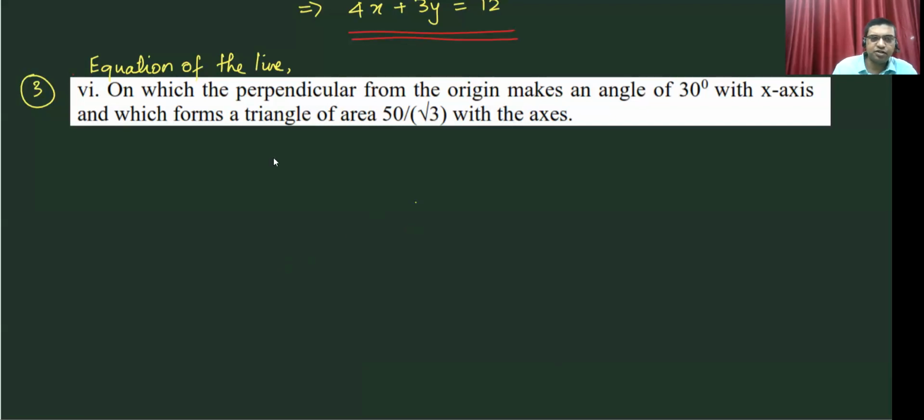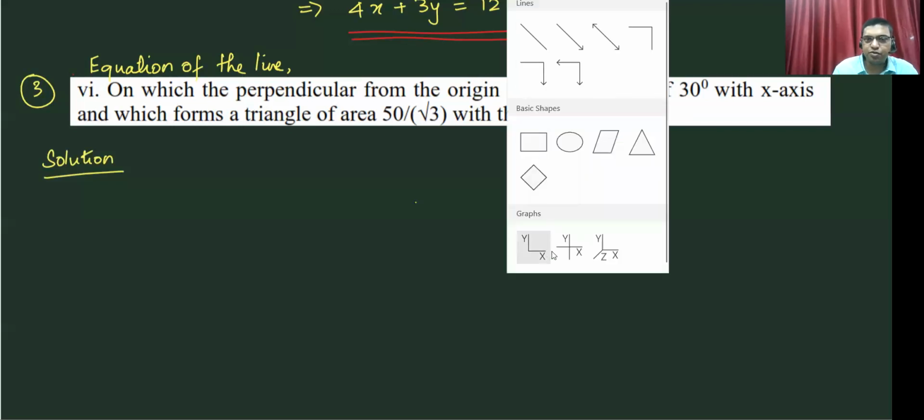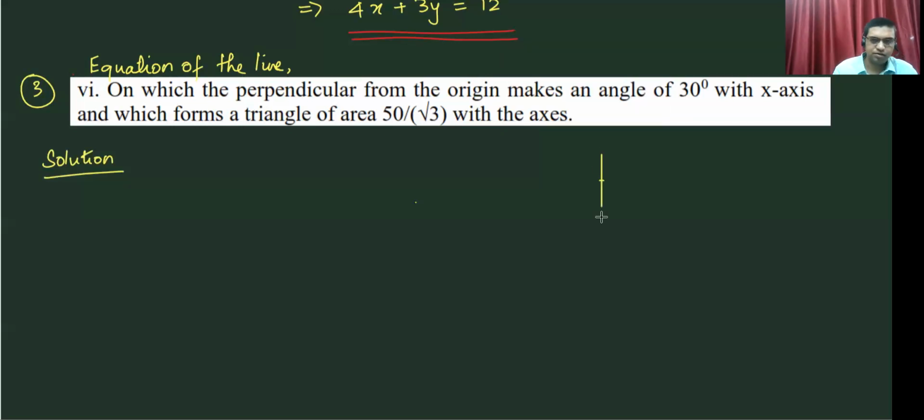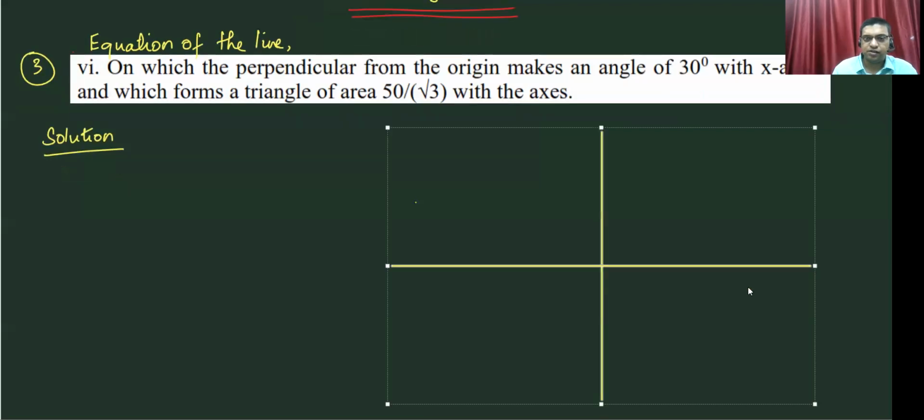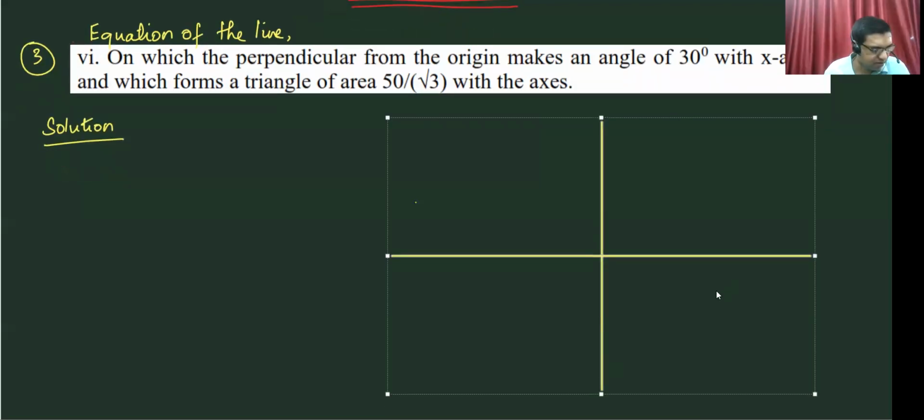Who was that? Harshita? Yes, sir. Say this: it is given that the perpendicular from the origin makes an angle of 30 degrees. Just visualize. Give me 2 minutes.